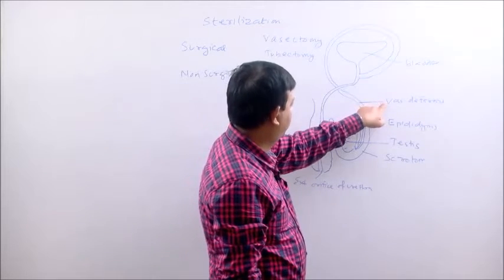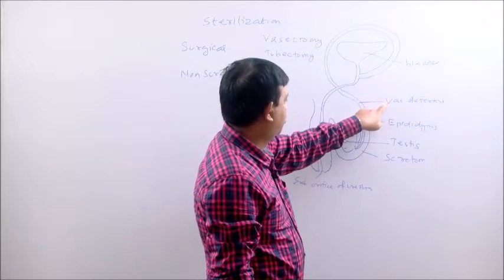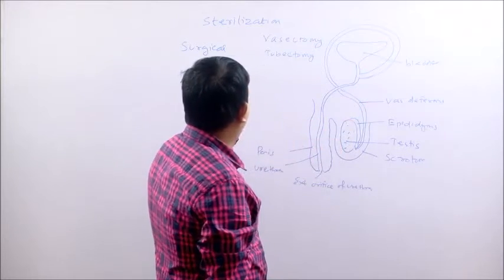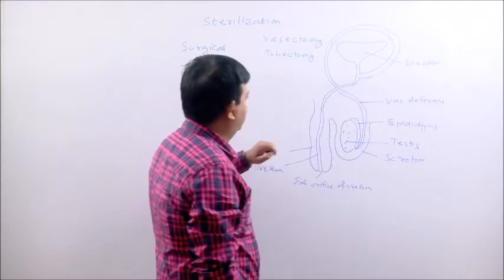This is the vas deferens, also known as ductus deferens. This is the sperm carrying duct. In vasectomy, this tube is cut.